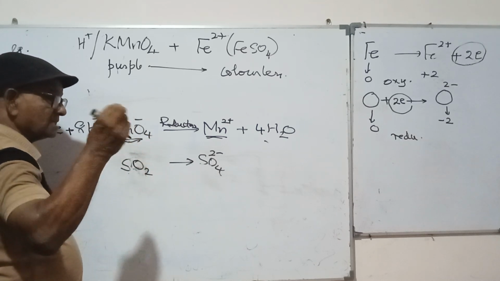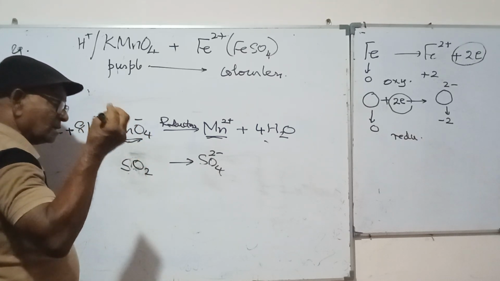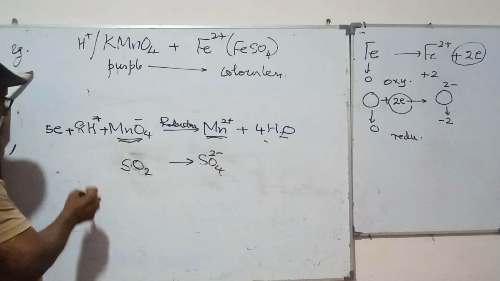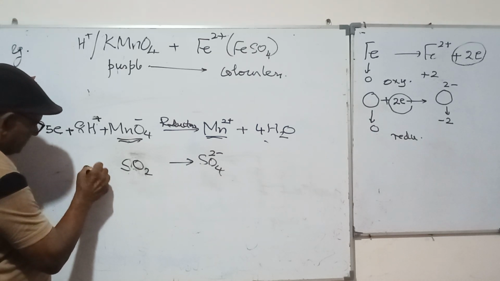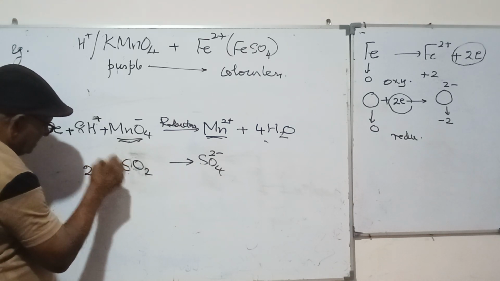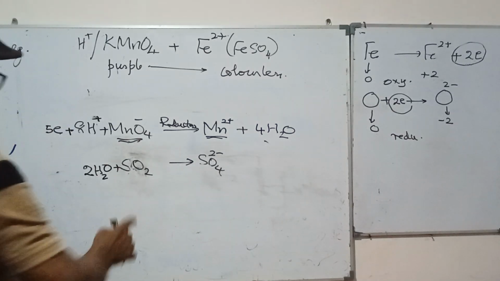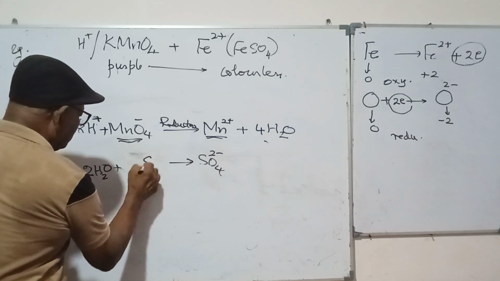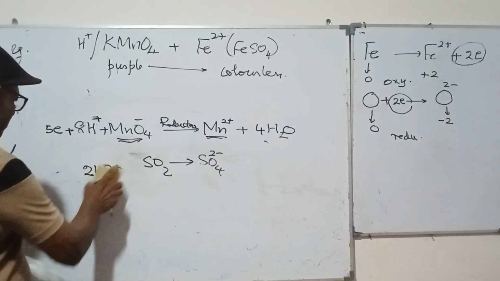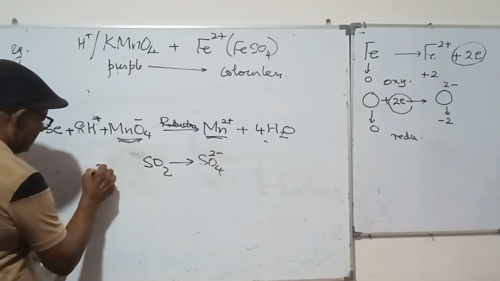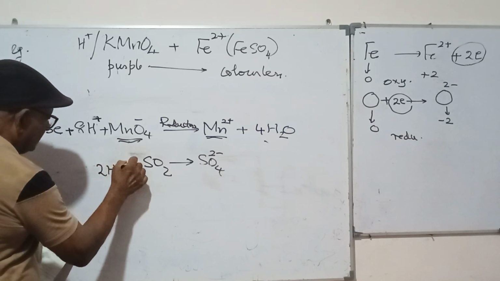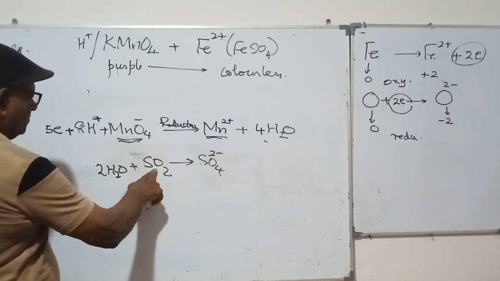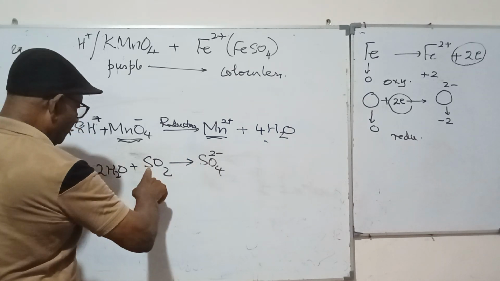To take 2 other oxygen atoms, how many water moles should be added? 2 water moles. If you add 2 water moles to the SO2, now it is balanced. Oxygen 2 to 4, oxygen balanced. Sulfur also balanced.